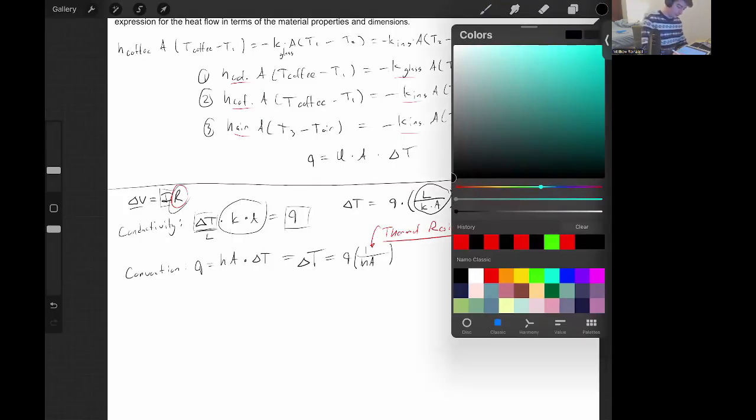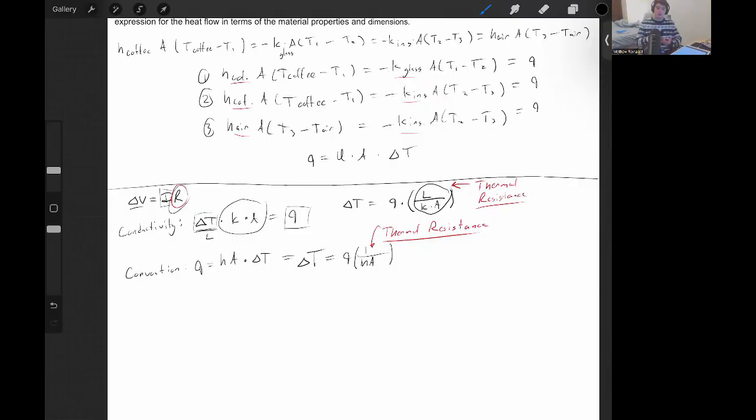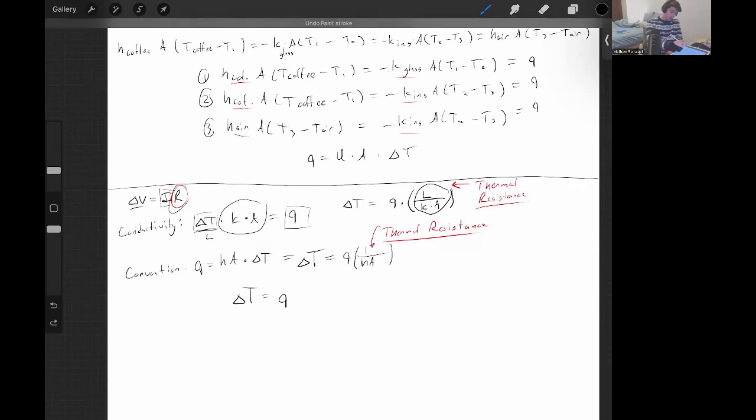So, how can we actually implement this into our system? Well, what we can do is create essentially the total resistance for our system. Think of it like this. We have a change of temperature for the entire system, equal to the energy for the system. These two we generically have already solved for, for the conduction and convection.